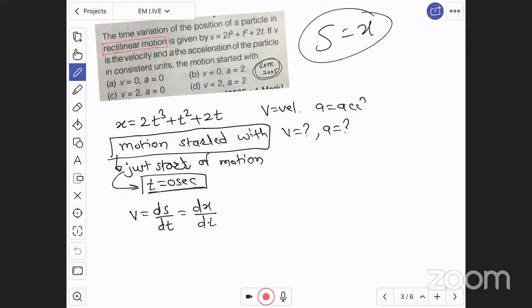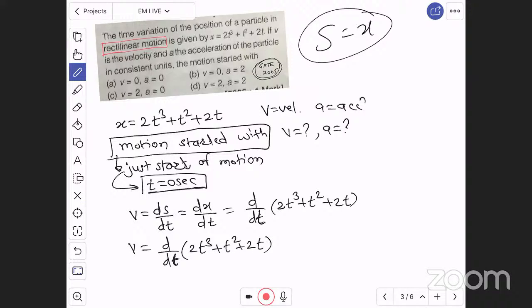V is equal to dx by dt, therefore V is equal to d/dt of, put the value of x. x is a function of time only, therefore differentiate this x with respect to time, that is 2t cube plus t square plus 2t. Therefore v is equal to d/dt of 2t cube plus t square plus 2t.